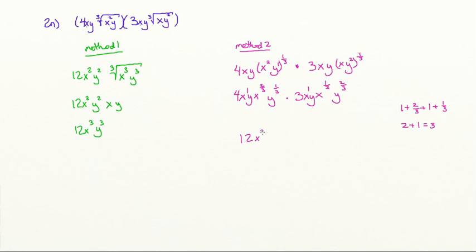So x cubed. Add the exponents for y's. Here we have a y to the 1, y to the 1/3, y to the 1, and y to the 2/3. 1 plus 1 is 2. 1/3 plus 2/3 is 1. So y cubed.